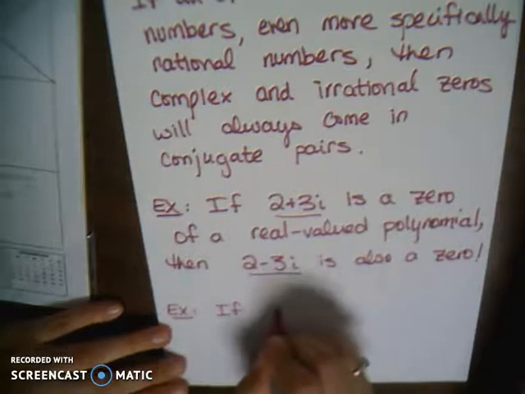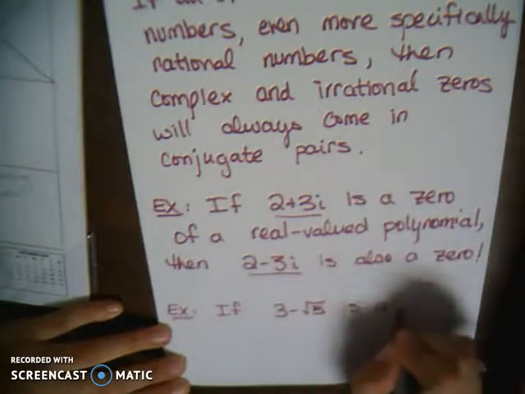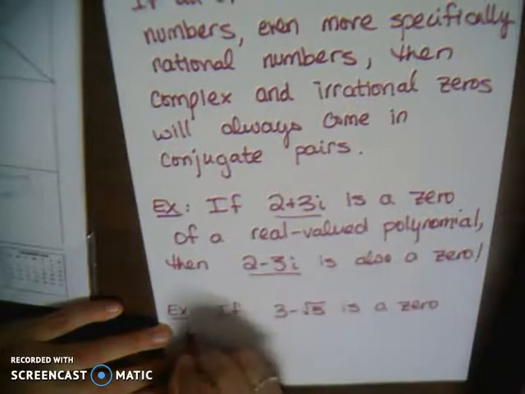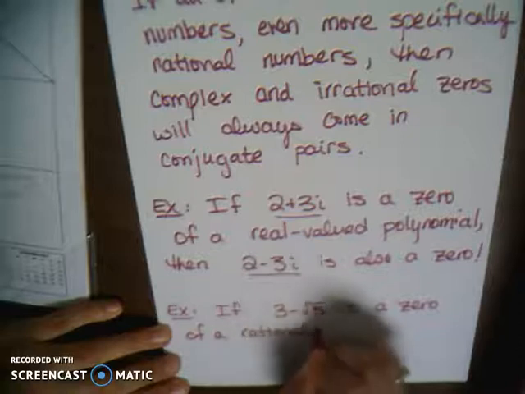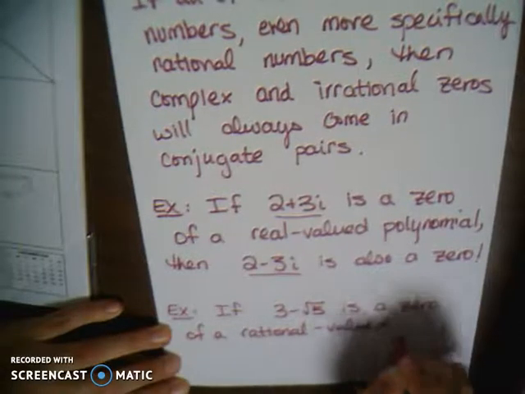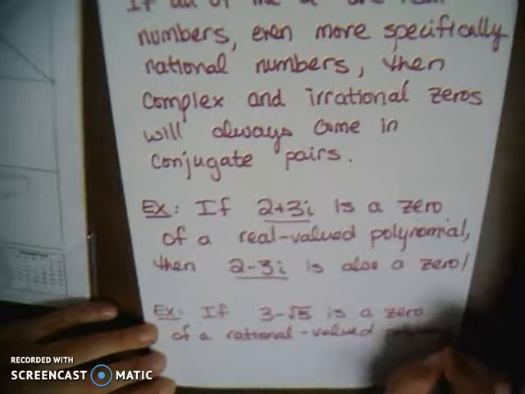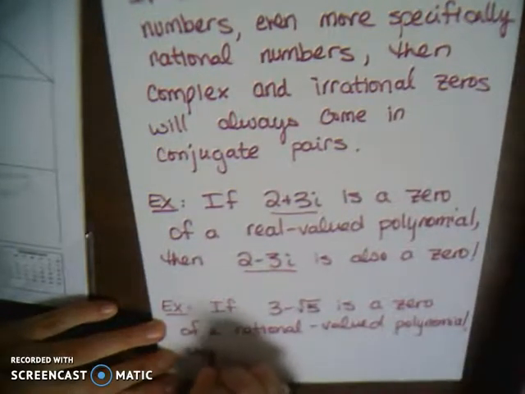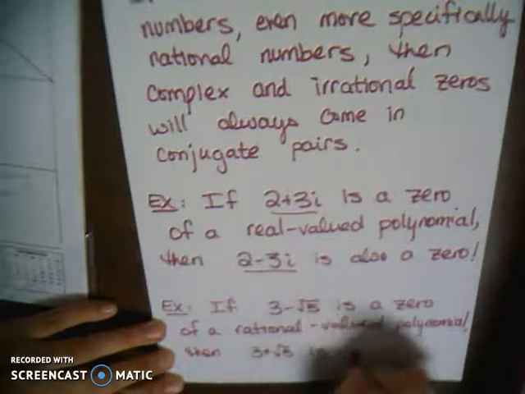If 3 minus root 5 is a zero of a rational valued polynomial, then 3 plus root 5 is also a zero.